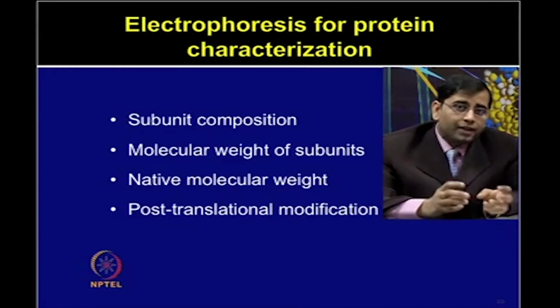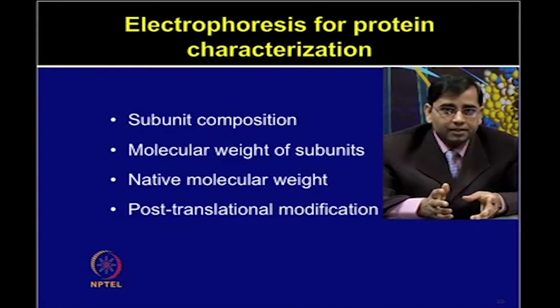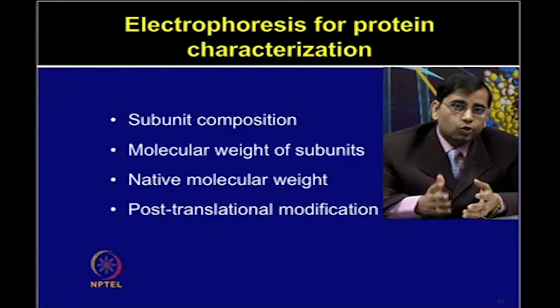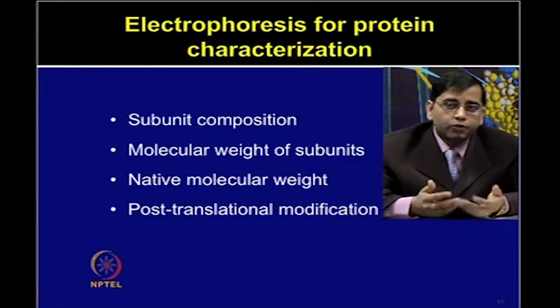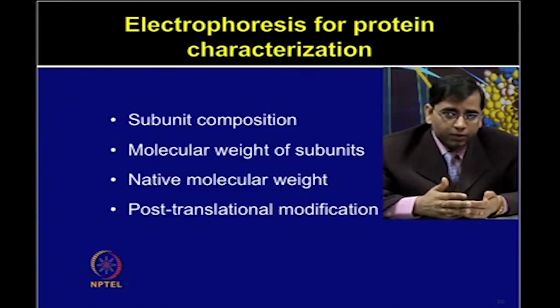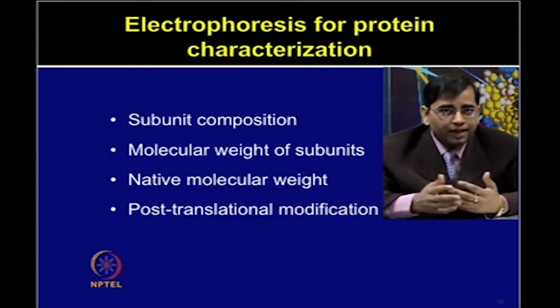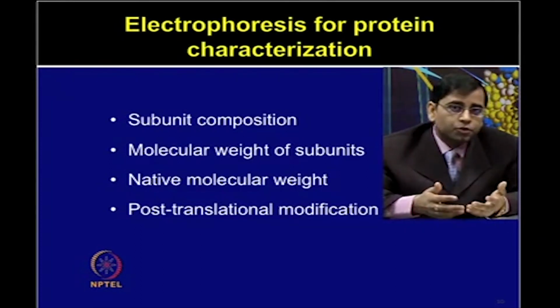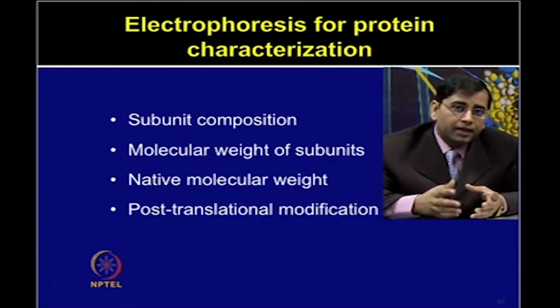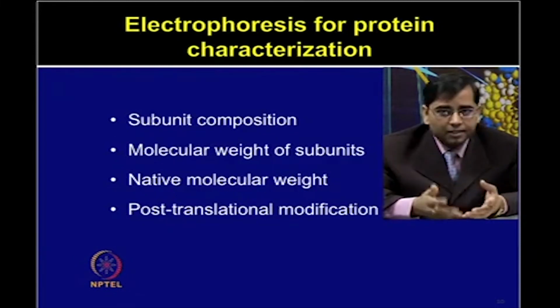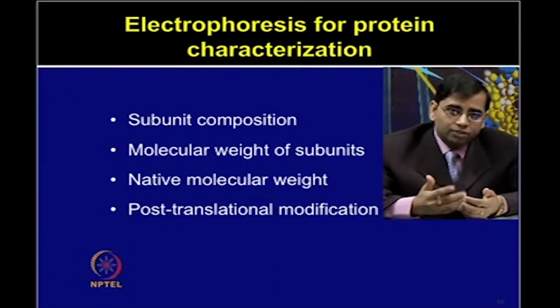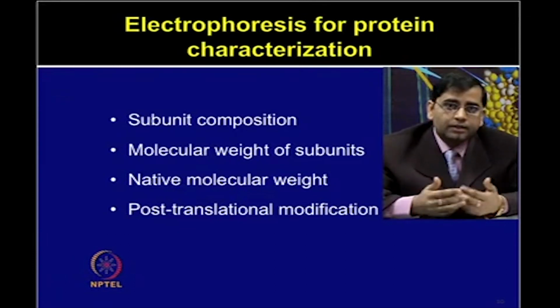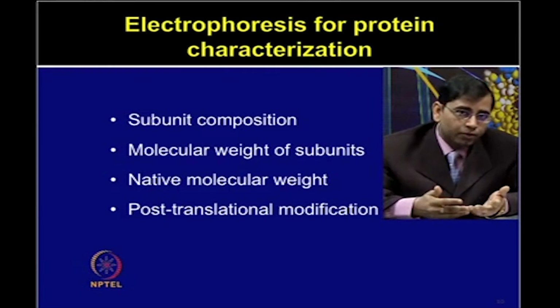Again, only one technique may not be able to answer all of these questions, so often you have to involve more than one type of electrophoretic method. For example, while comparing native and subunit compositions, you need both native electrophoresis and SDS-PAGE. If you want to look for post-translational modification, then SDS-PAGE will be useful.